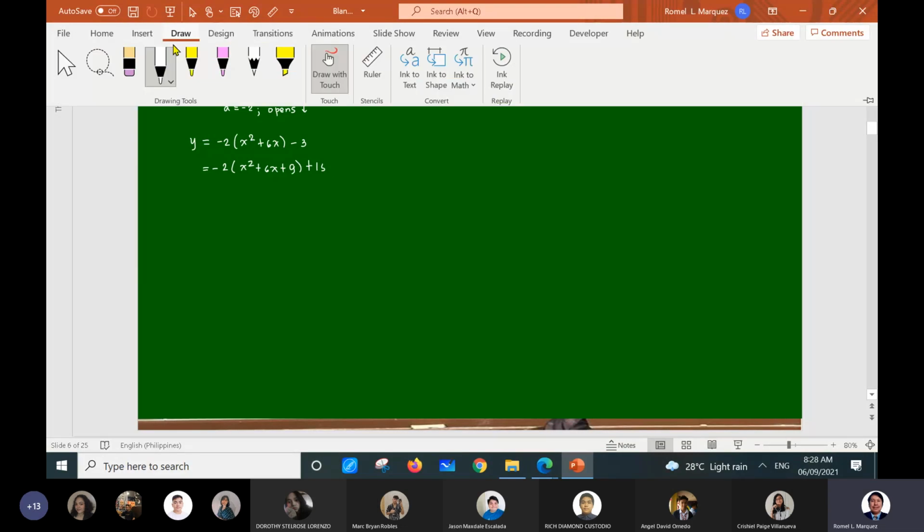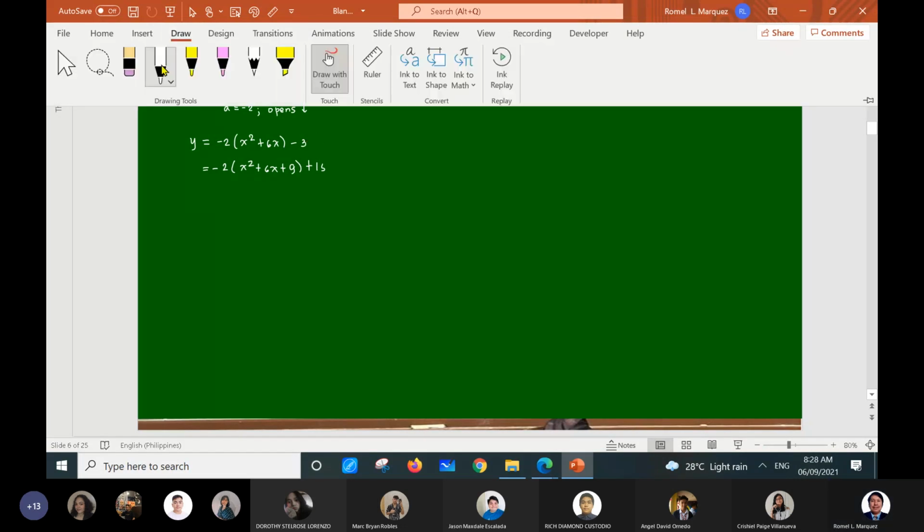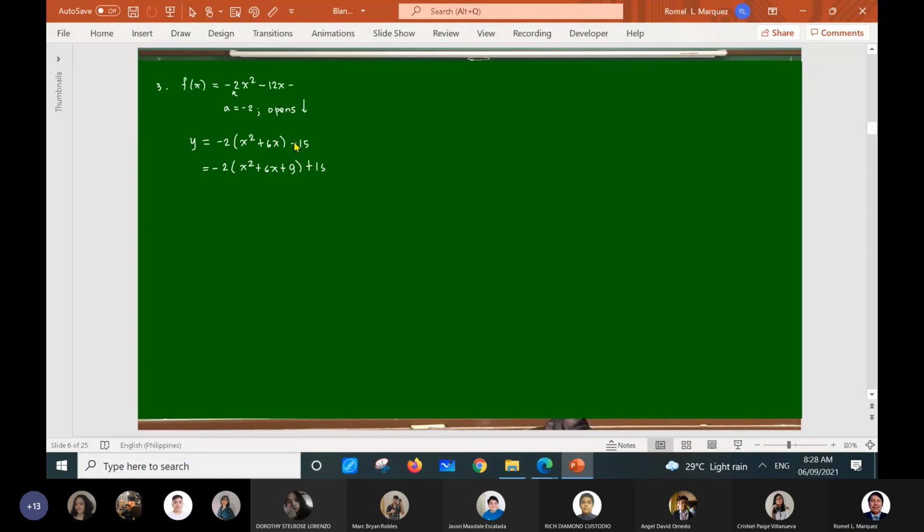Sorry. I want this to be perfect, so this is plus 15, so that the vertex is just small. Again, -18 to what? To be positive 15. So I add what? And this is negative, no? Sorry. Negative. So I have to add 3, no?